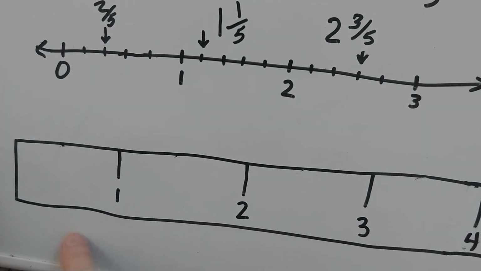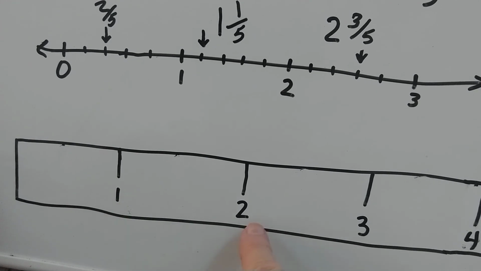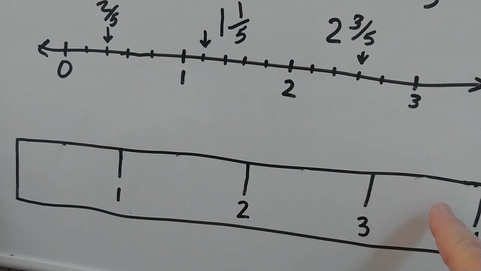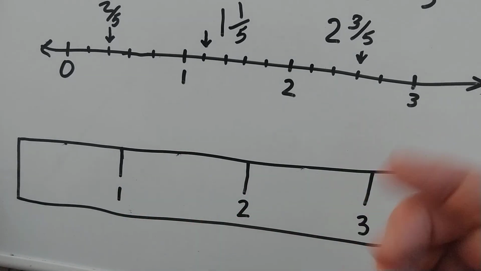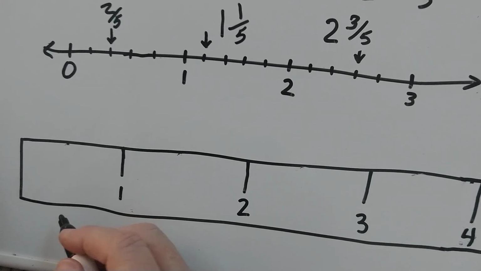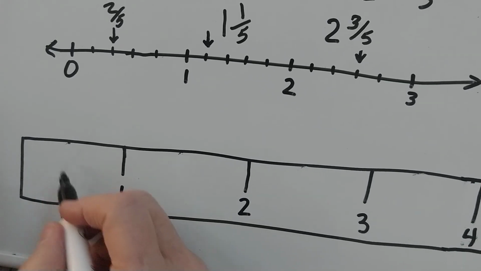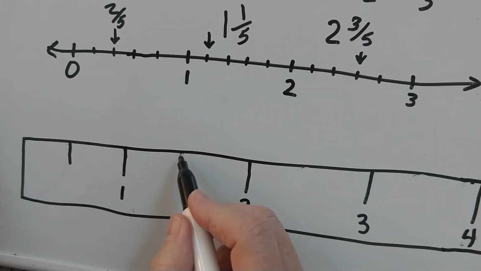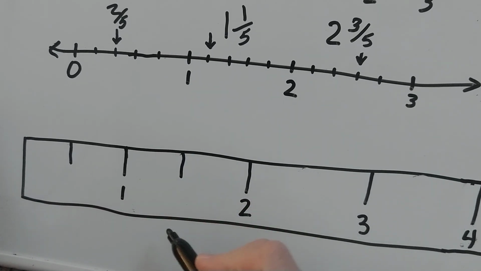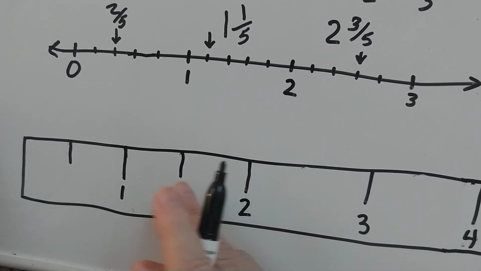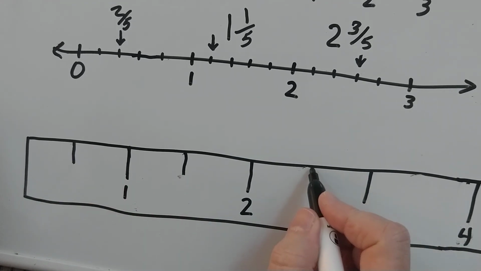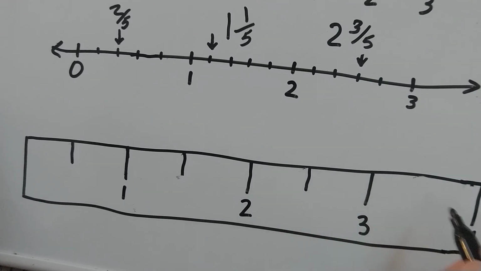On a ruler, the inch increments have really long lines. That's to show you that that is the inch. Now if we were going to divide each one of these inches in half, we're going to make a line that's not quite as long as the one that represents each inch. It'll be a little bit shorter.